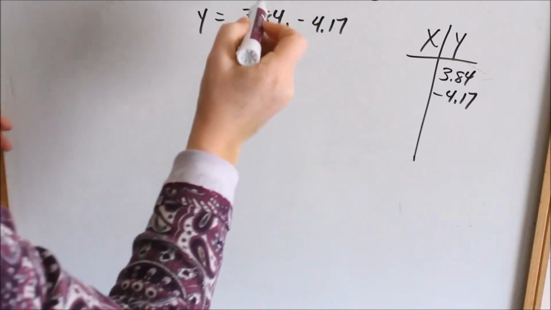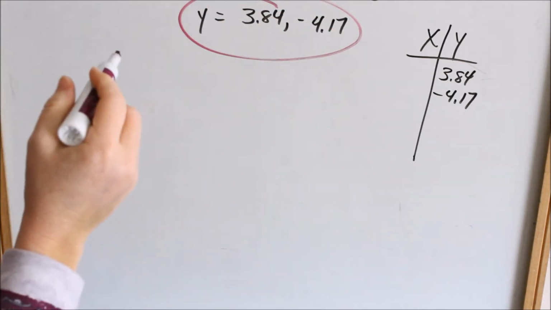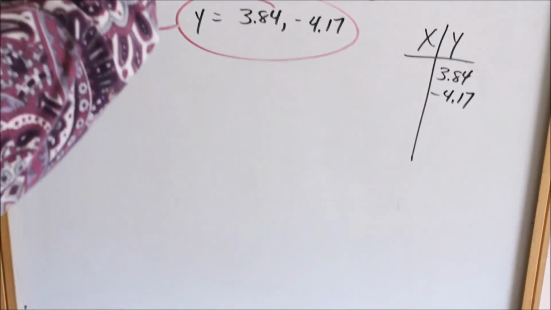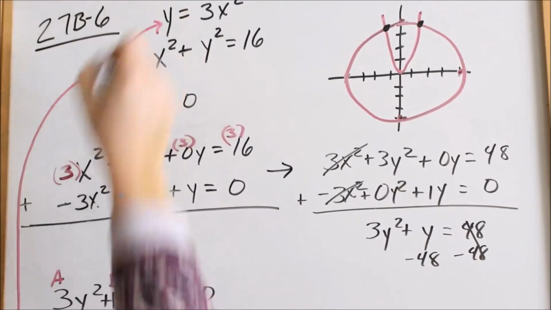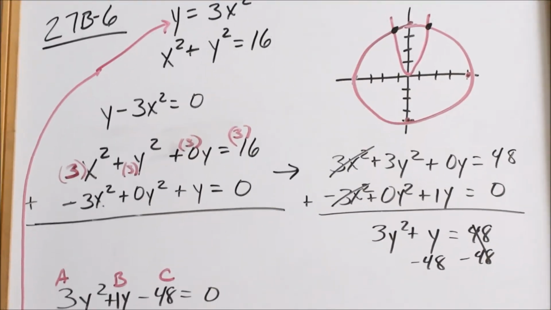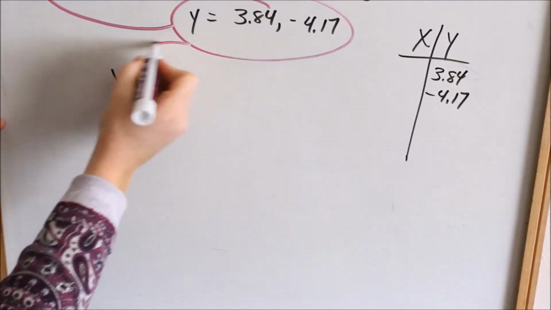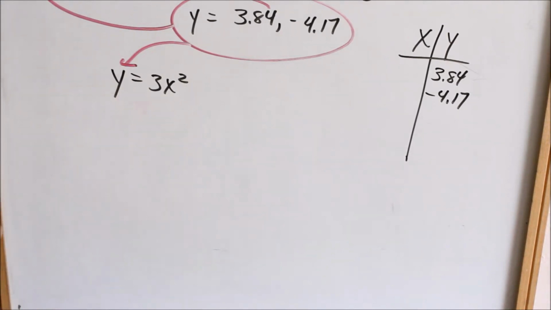So you take these values and you substitute them back into one of your original equations. I personally think it would be easier to substitute them back into this equation right there.